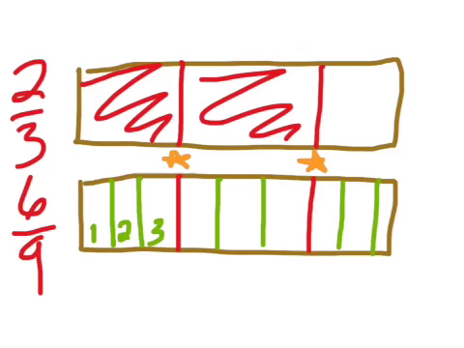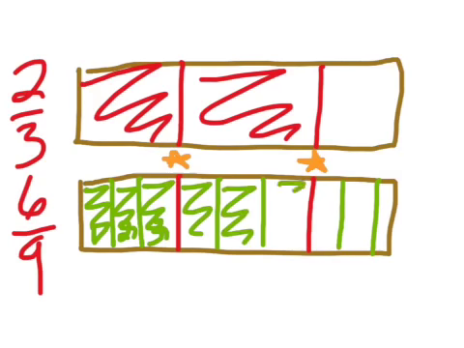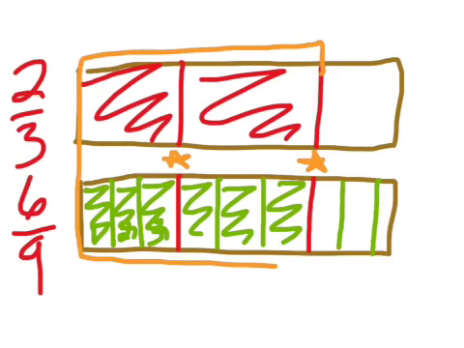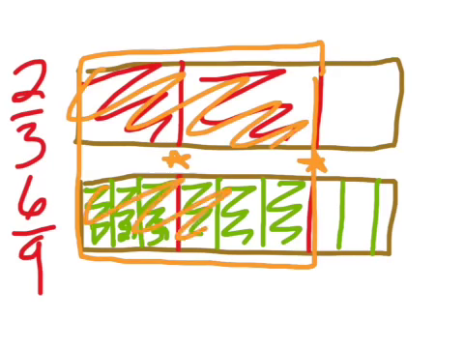So now I have 1, 2, 3, 4, 5, 6, and it ends up pretty much being the exact same. If we look here, these two chunks have the same amount of shading in them. So that's how the two equivalent fractions work with each other.